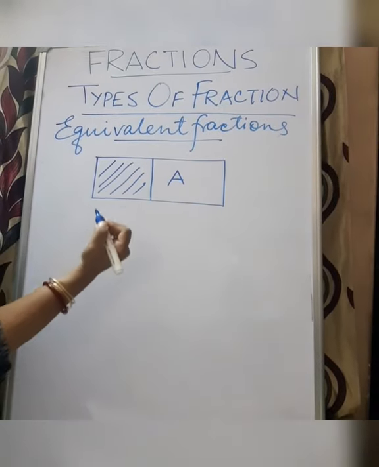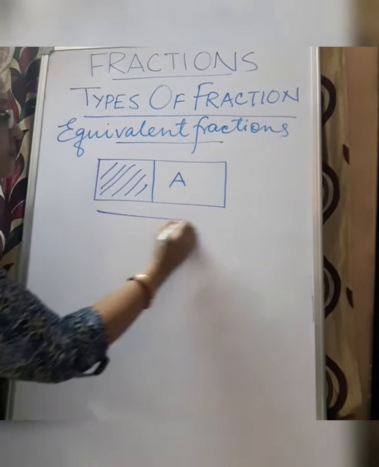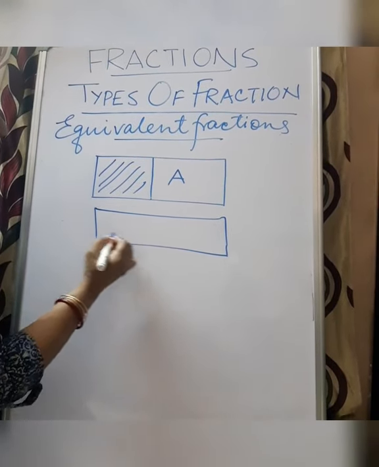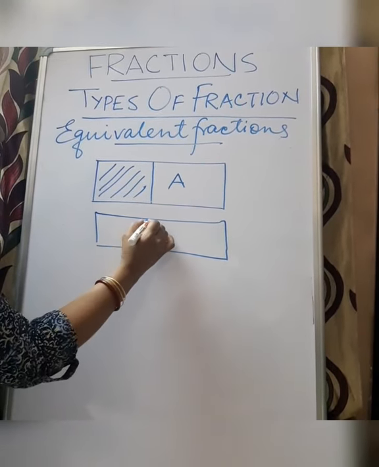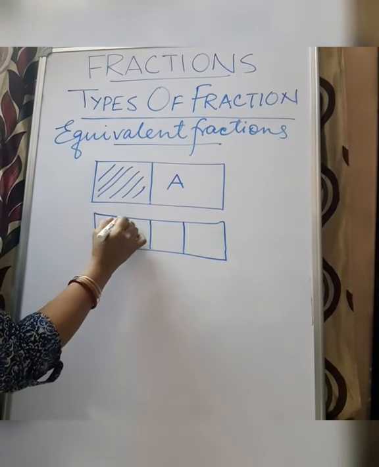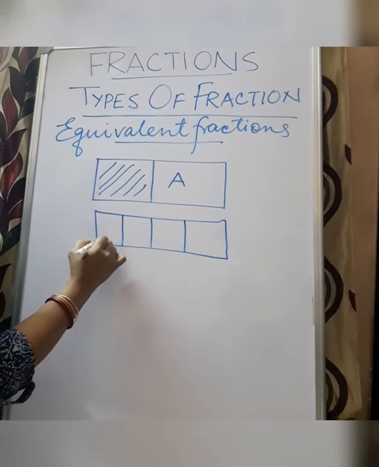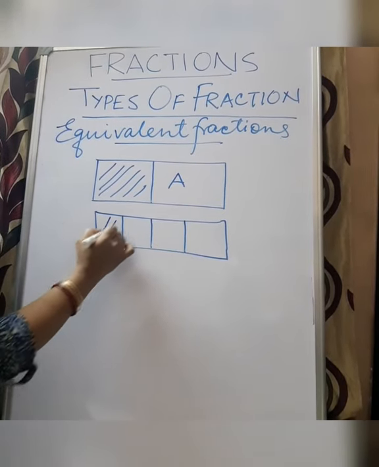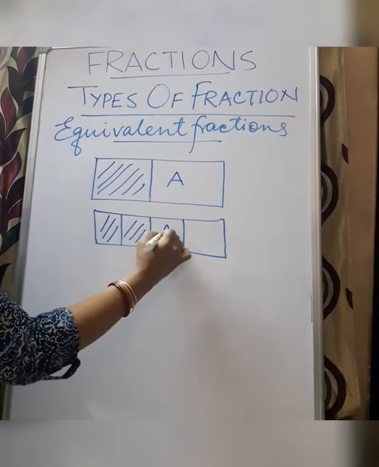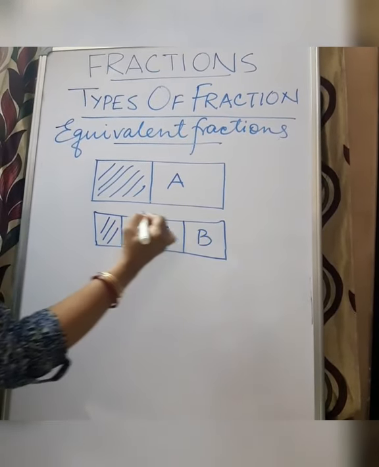When A was having the chocolate, another student came, B, and said, "Ma'am, I also want to share the same chocolate." So I divide the chocolate into 4 parts and keep half for me and give this part to A and this part to B.